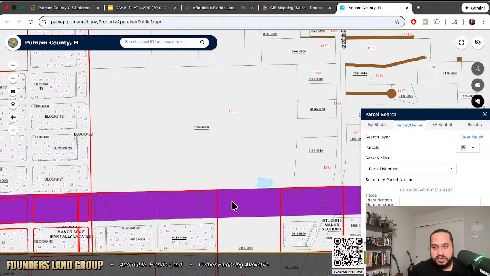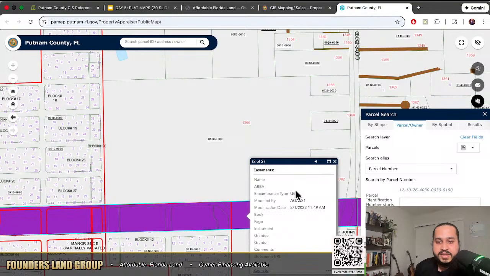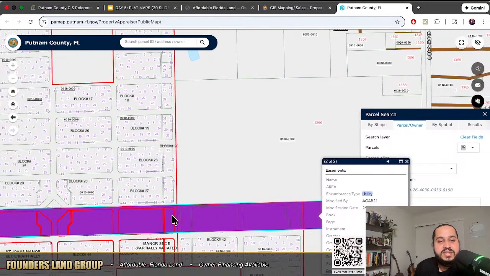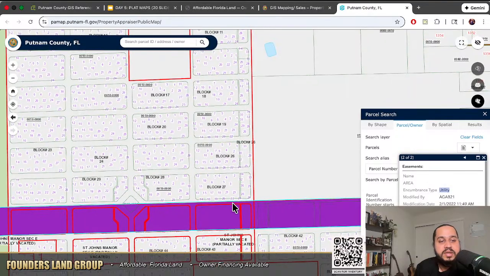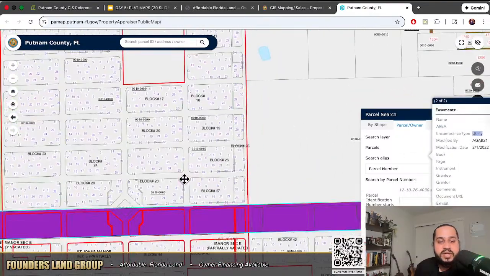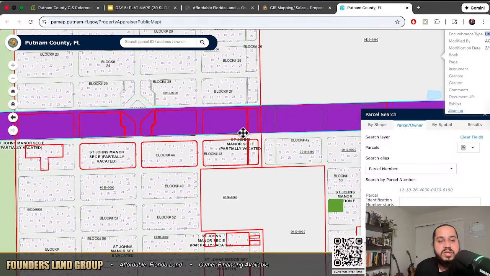Also, just out of curiosity, as you guys can see this, this is the specific lot I was mentioning. If you move to the right hand side, you will see this is an encumbrance type, utility easement. So technically, this is where you will understand you cannot build on this specific property. I'm glad I was able to show this to you in real time as well. Any plot that is here, you cannot build on it.